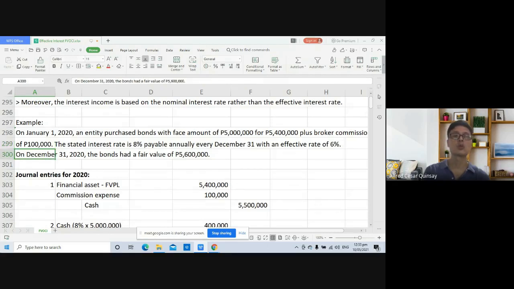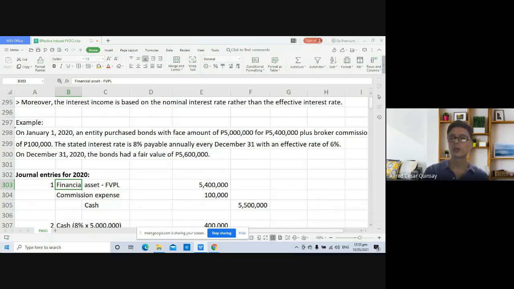So on December 31, 2020, the bonds had a fair value of 5,600,000. So tumaas after about a year. So January 1, 2020, the journal entry is financial asset, cash, FVPL. Okay, so as you can see here, that's financial asset at fair value through profit or loss, no?